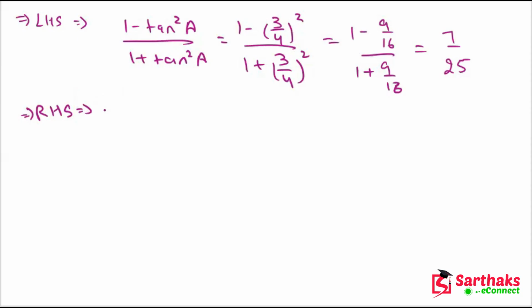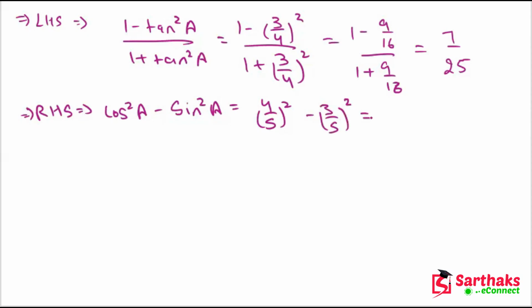Now let's take RHS. We have cos square A minus sin square A, and this becomes (4 upon 5) whole square minus (3 upon 5) whole square. If we solve it, this becomes 16 upon 25 minus 9 upon 25, so 25 in the denominator, and 16 minus 9 means 7.